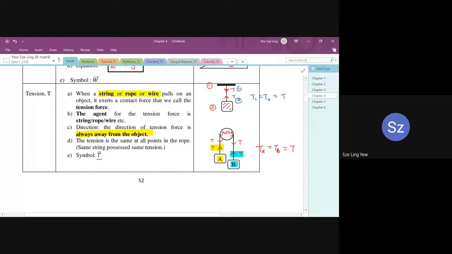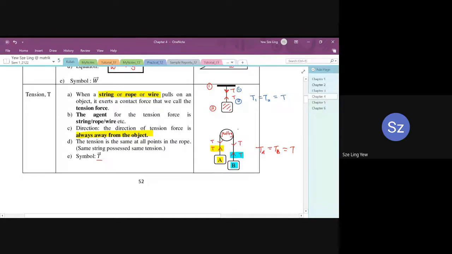Of course, if the pulley is not frictionless, then you cannot say TA equals TB. So in the example given here, I assume this is a frictionless pulley.